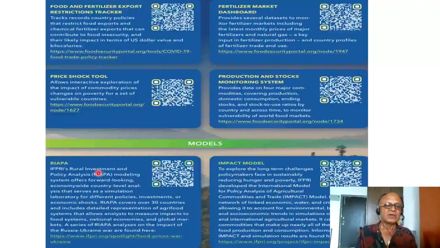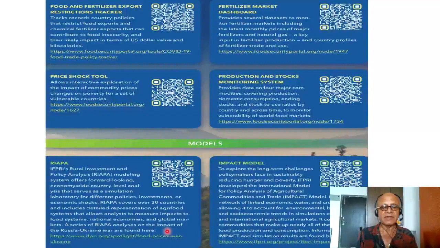Okay. RIAPA, IFPRI's Rural Investment and Policy Analysis modeling system, offers forward-looking, economy-wide, country-level analysis that serves as a simulation laboratory for different policies, investments, or economic shocks. RIAPA covers over 30 countries and includes detailed representation of agri-food systems that allows analysts to measure impacts to food systems, national economies, and global markets.